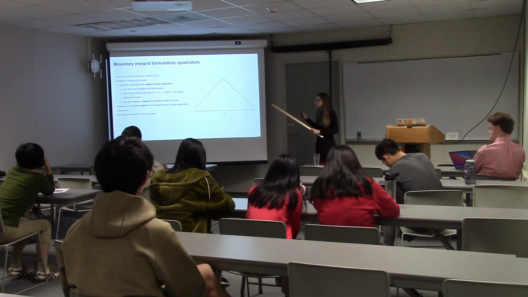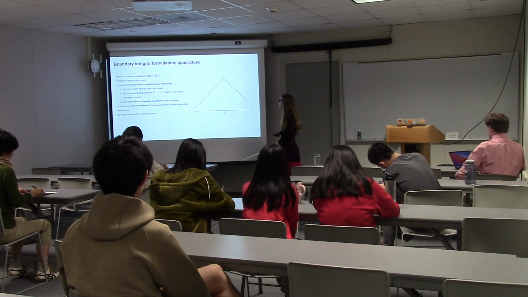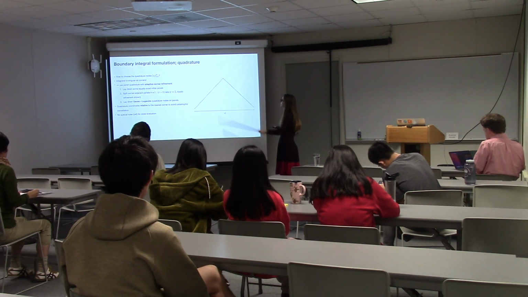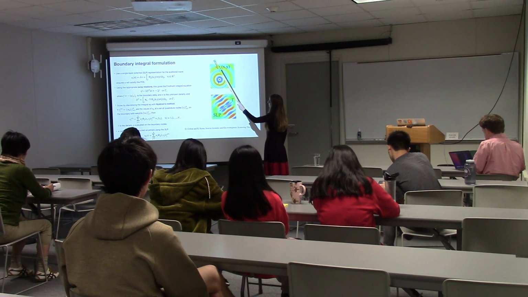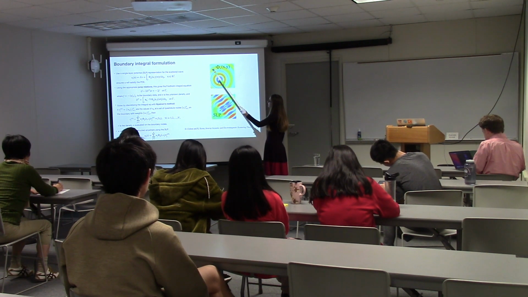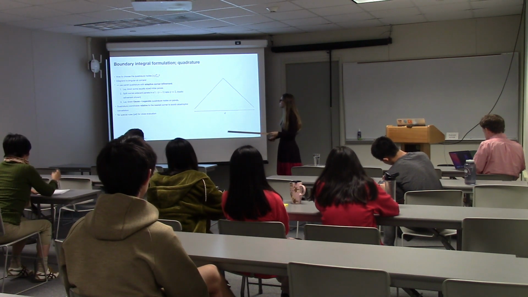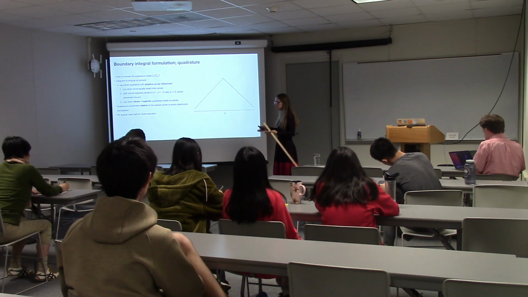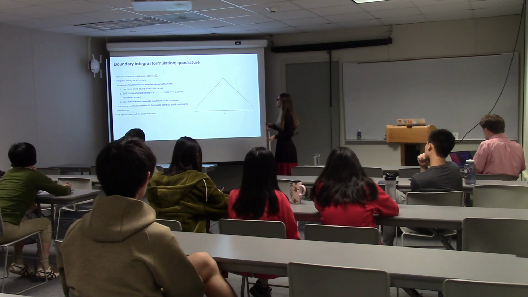Anyway, how do you discretize the boundary? This is what the boundary looks like, and the tricky point is in this corner, because we have to evaluate this quasi-periodic Green's function, or fundamental solution, as x approaches y, and it is singular there. So in order to preserve accuracy, we need to refine and cluster more quadrature nodes into the corner.